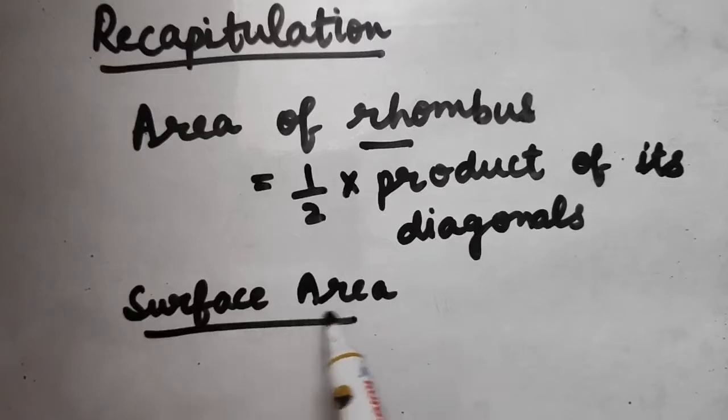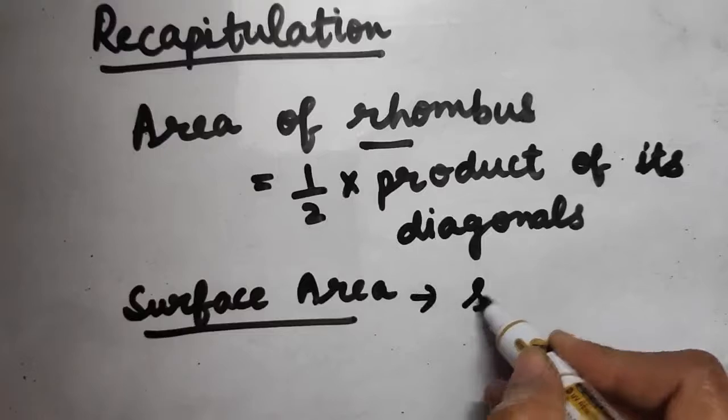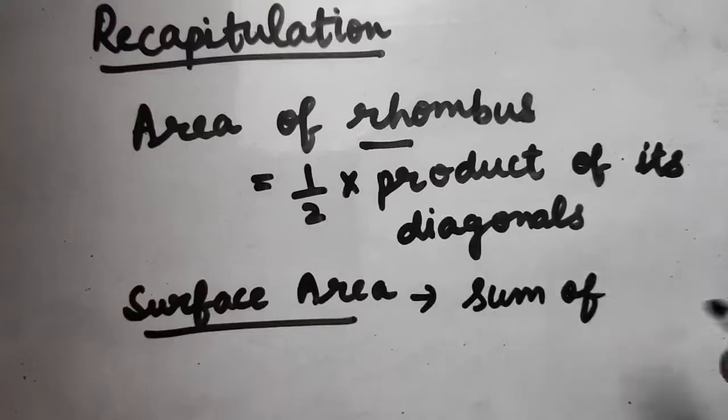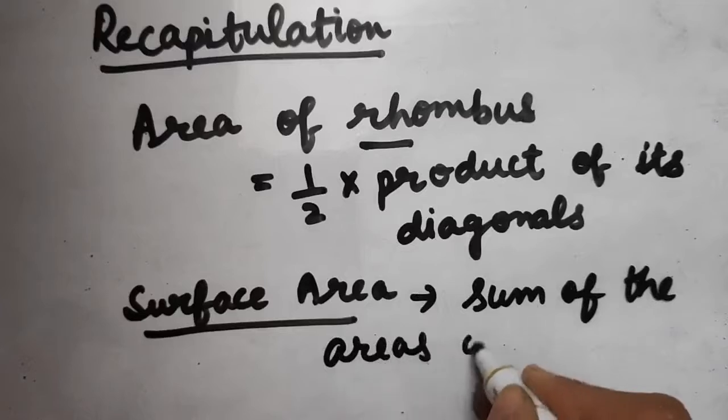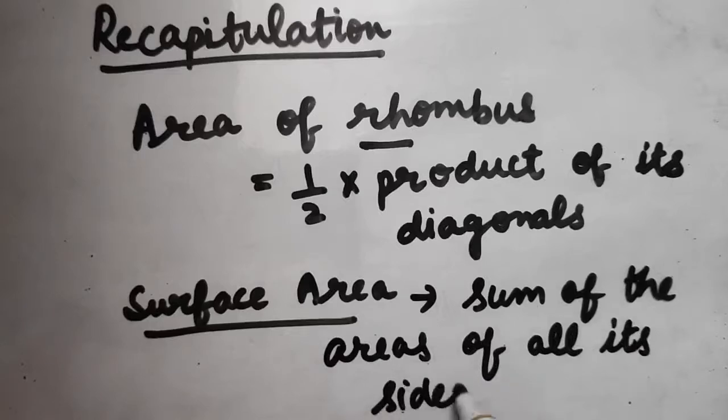Now, the surface area of a solid or any 3D shape is the sum of the areas of all its sides. This is the meaning of surface area.